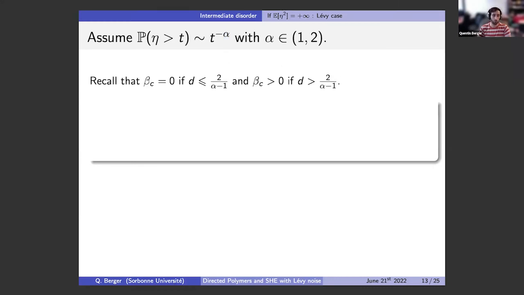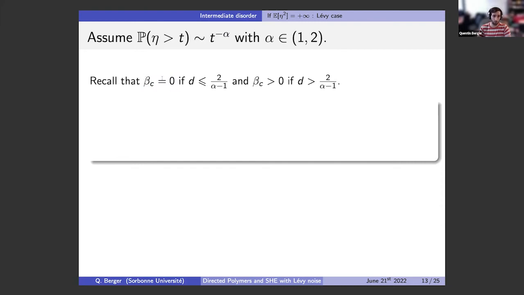And recall also that in that case, beta critical equals 0 corresponds to having dimension d smaller than 2 over alpha minus 1. Okay, so we're focusing on the case where beta critical equals 0, because the intermediate disorder scaling is only in that case.